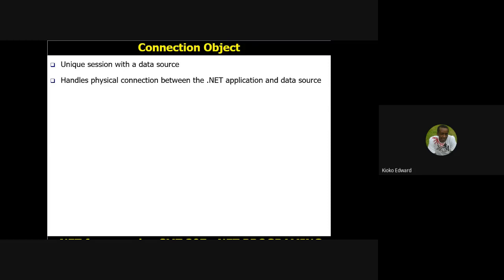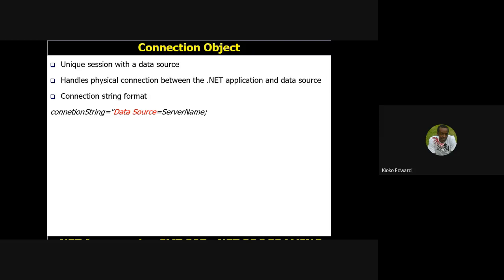The data source could be Oracle, Microsoft SQL Server, Microsoft Access, or any other data source you are using. So let's look at the connection string format, because the connection object will be using a connection string, and that connection string will contain a number of useful properties.